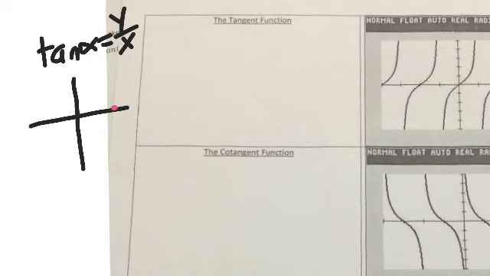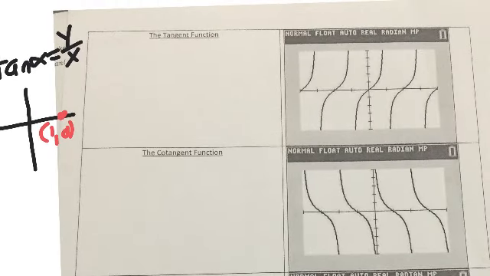When I start off here with a 0-degree rotation, this is the point (1, 0). If I plug that in, that would be 0 over 1, which is 0, which means at the x value of 0, the y value should be 0, which it is right here.